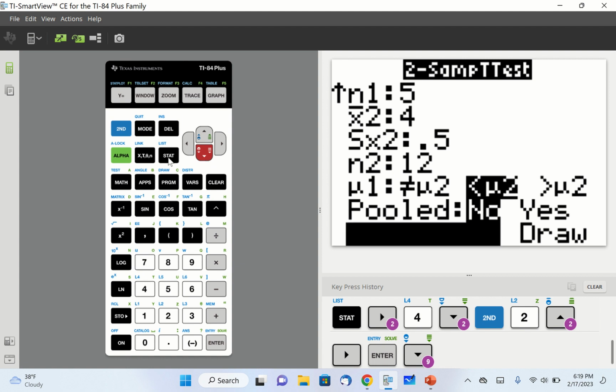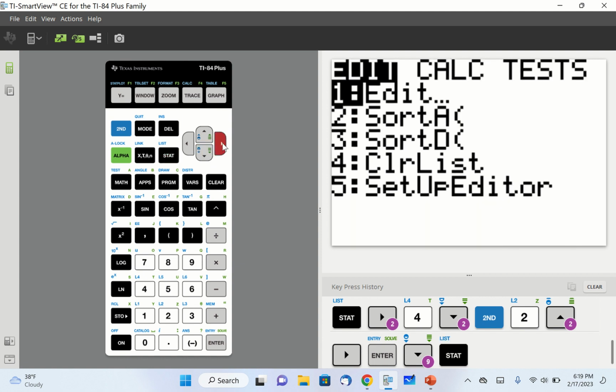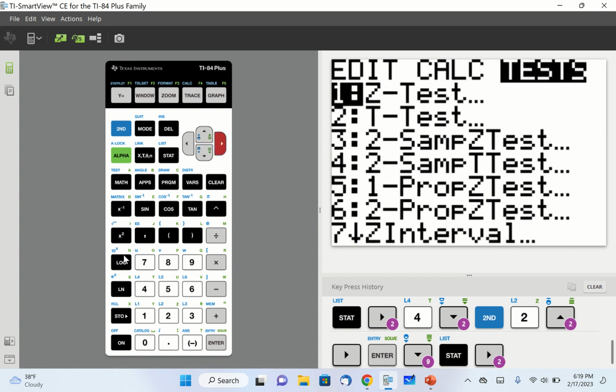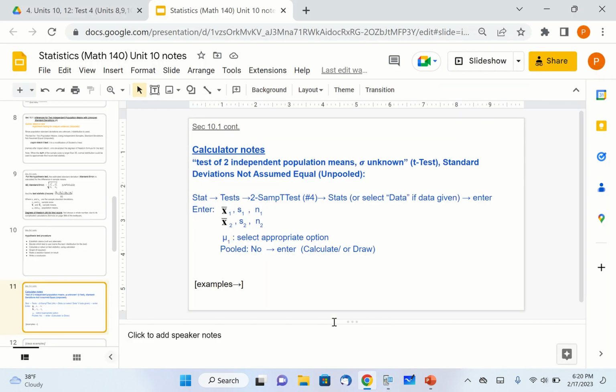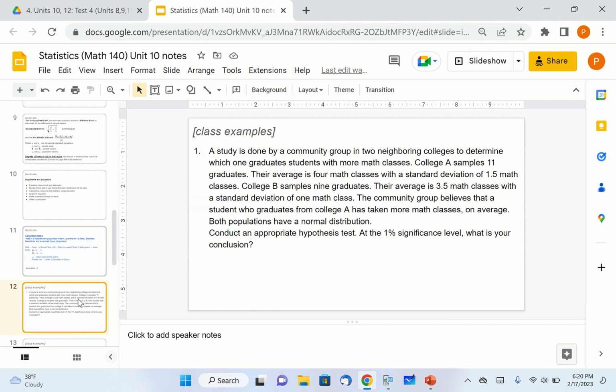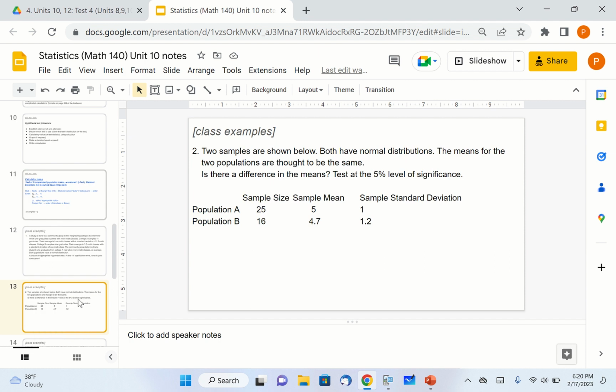So let's take a look. Let's go back to tests again. 4 to get to the beginning of the test, and let's take a look at our problem to follow through. So this is the problem we are using. Let's go to problem 2. Okay, so we have two samples shown below. Both have normal distributions.